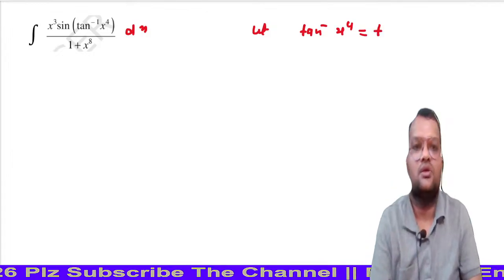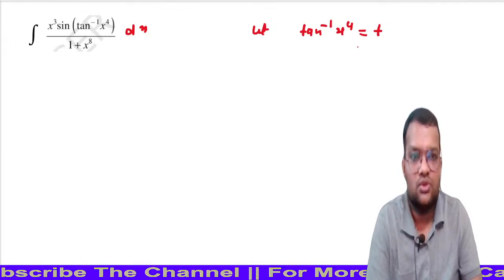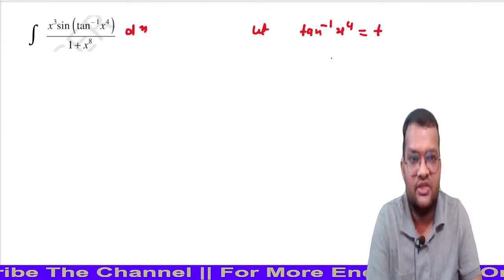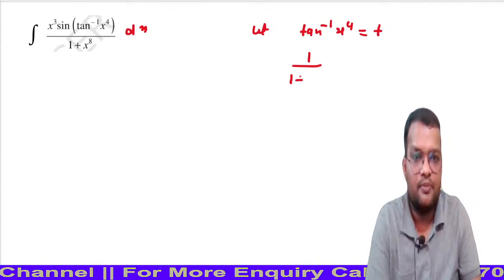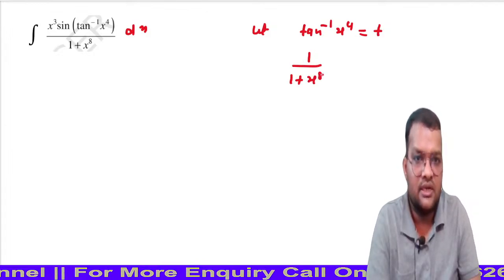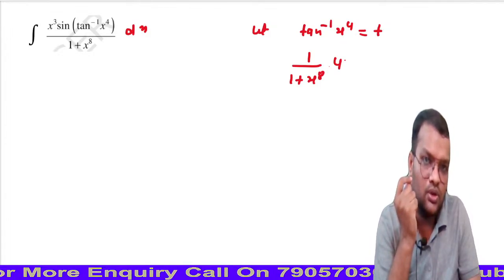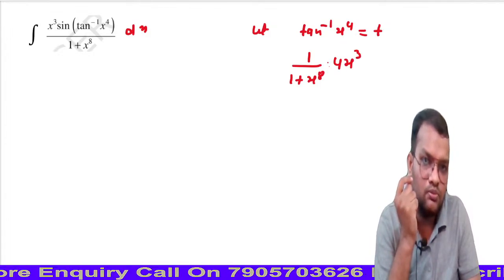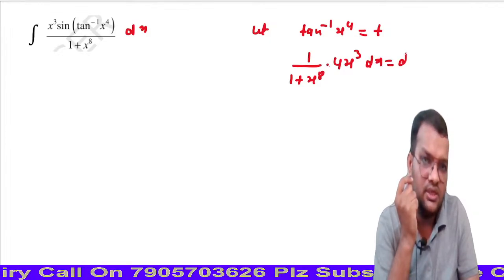Okay, tan inverse x to the power 4 is equal to t. When we differentiate this, it becomes 1 upon 1 plus x to the power 8 into 4x cube dx is equal to dt.